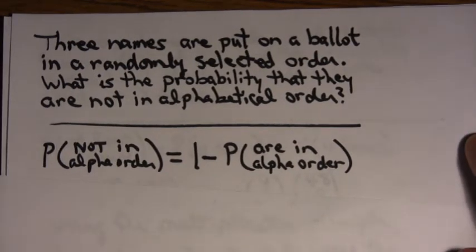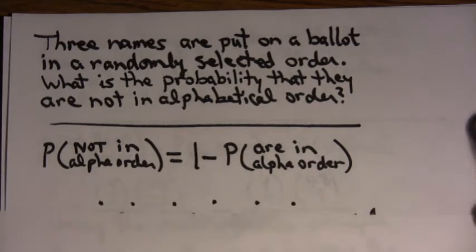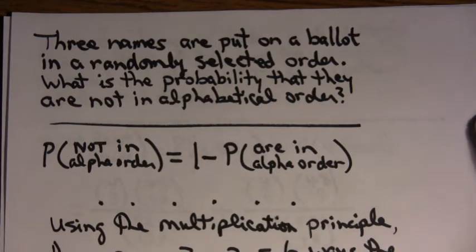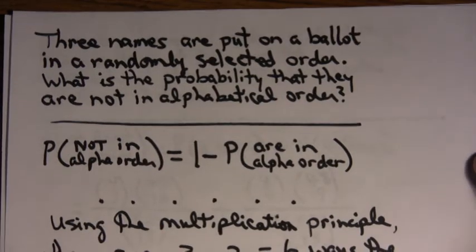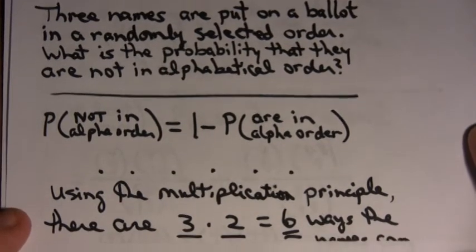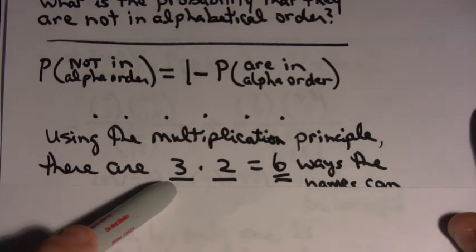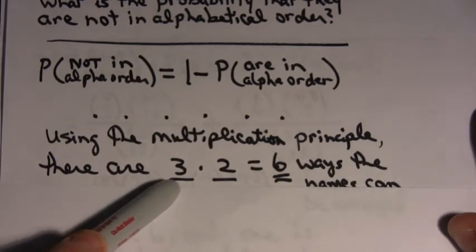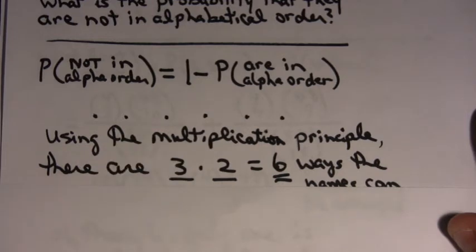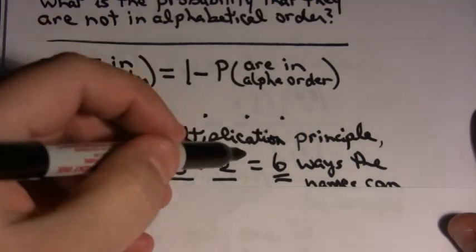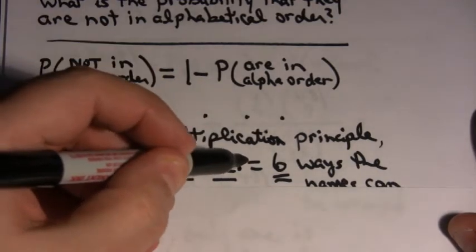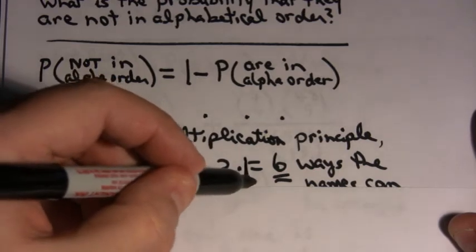Well, then what is the probability they're in alphabetical order? Thinking this through, it's going to go back to the multiplication principle. Using the multiplication principle, there are three ways you could choose the first name. Remember, there are three names. You could choose any of the three to put first on the list. And then you could put any of the two in the second, and actually, I wrote this hurriedly, there's one way to choose the third name.